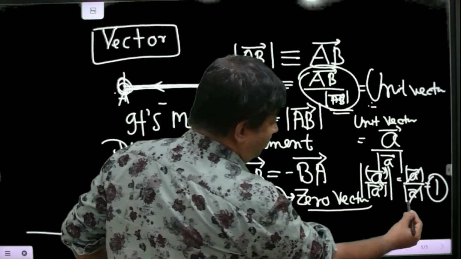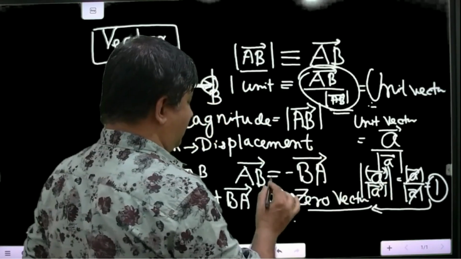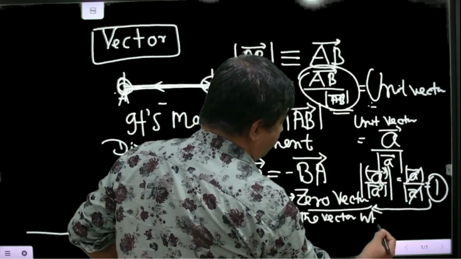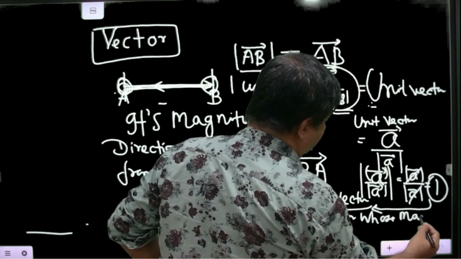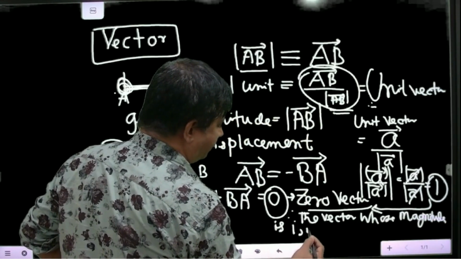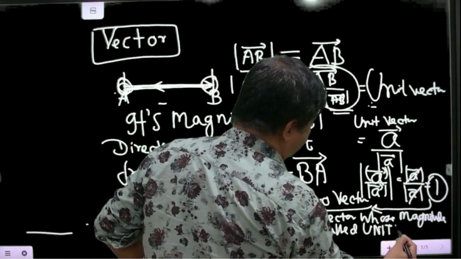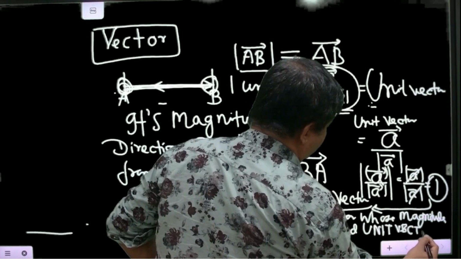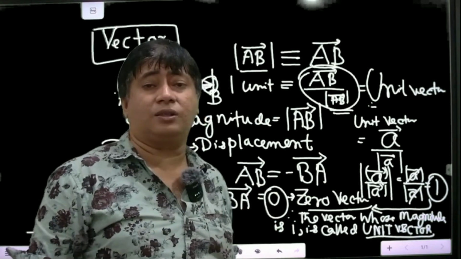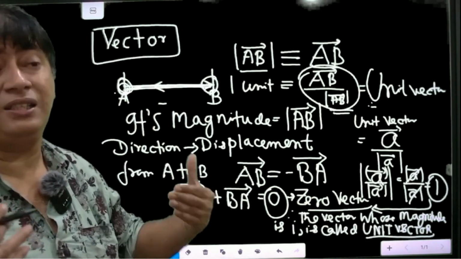Therefore, from this example, one conclusion I can draw is that a vector whose magnitude is 1 is called a unit vector. So that is the basic of the vector.